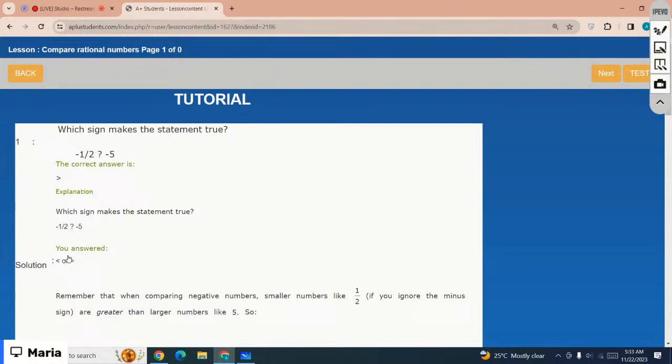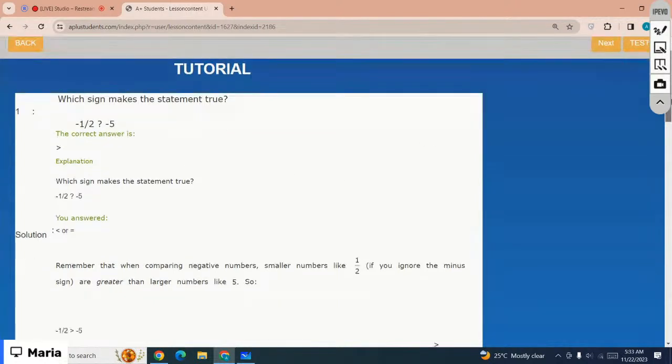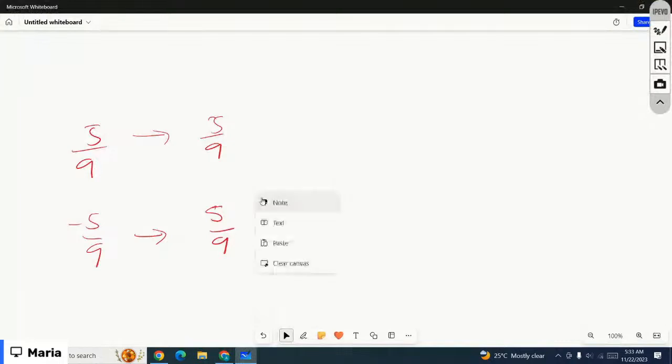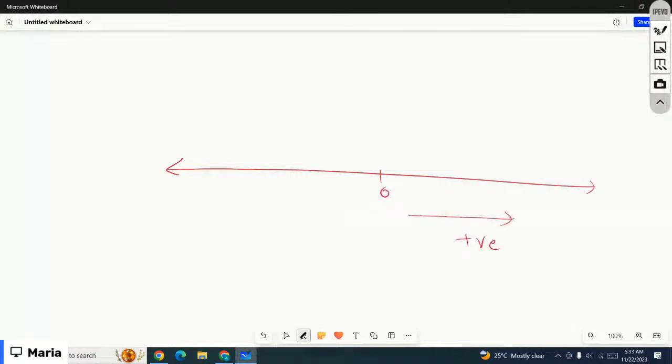As you are moving far from 0 on the negative side, the numbers are getting smaller and smaller, right? So negative 1 over 2 is greater than negative 5, right? If you understand this one, then you can easily compare rational numbers. Here you have 0. On the right hand side are positive values, on the left hand side you have all negative values.